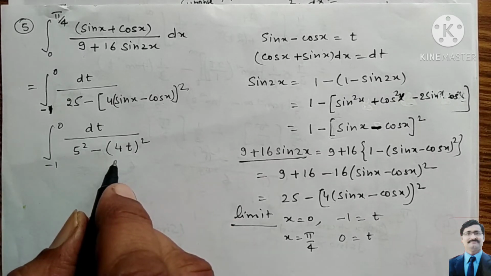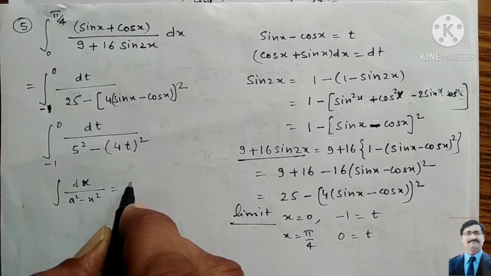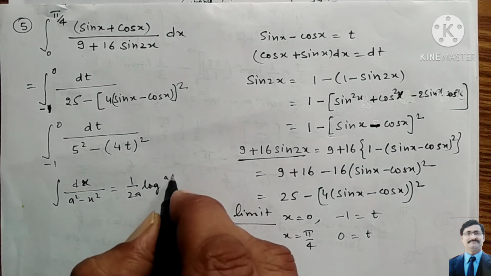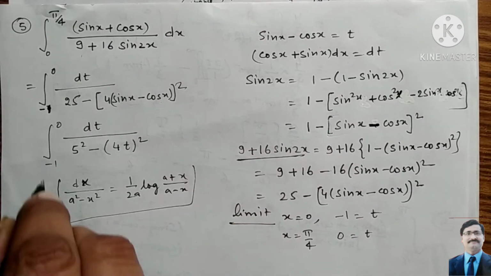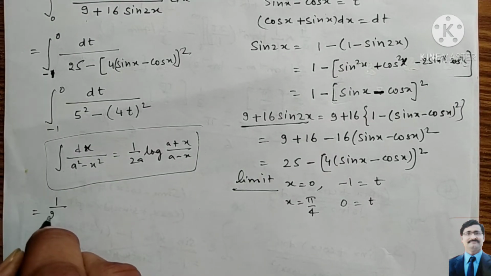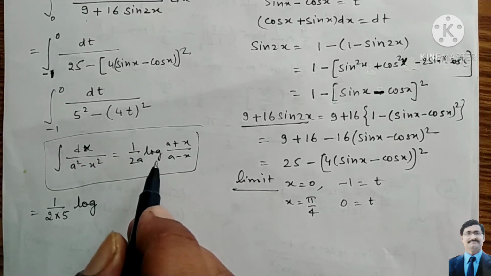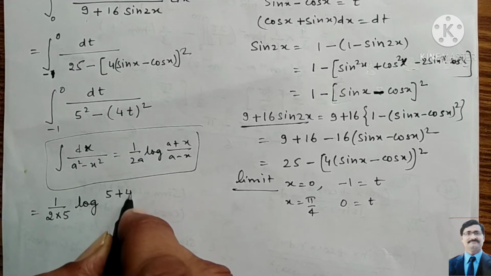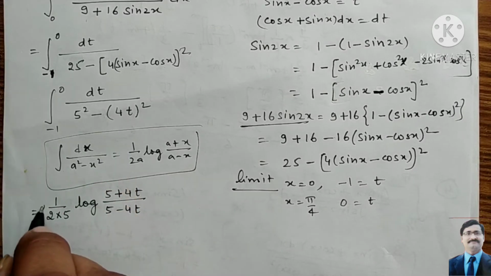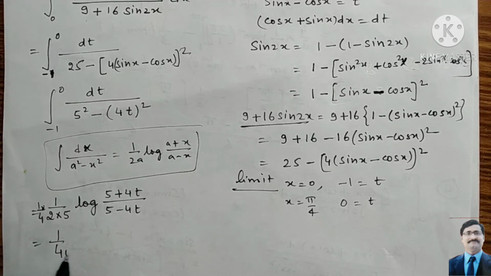And this formula we already know: the integral of dx upon (a² − x²) is 1/(2a) log((a + x)/(a − x)). We use this formula here, so 1/(2a) is 1/10, and log((5 + 4t)/(5 − 4t)), and because the coefficient of t is 4, we have to divide by 4, so we get 1/40.